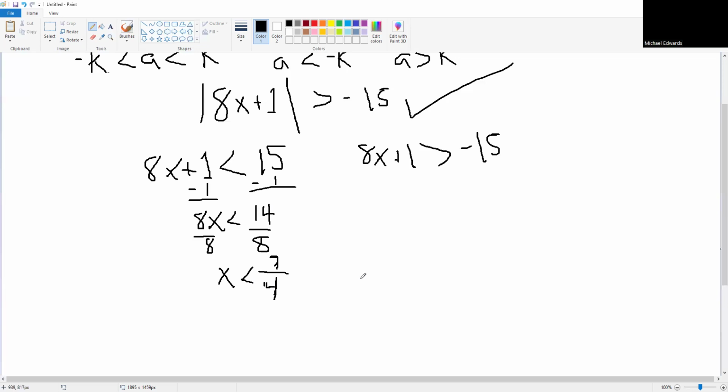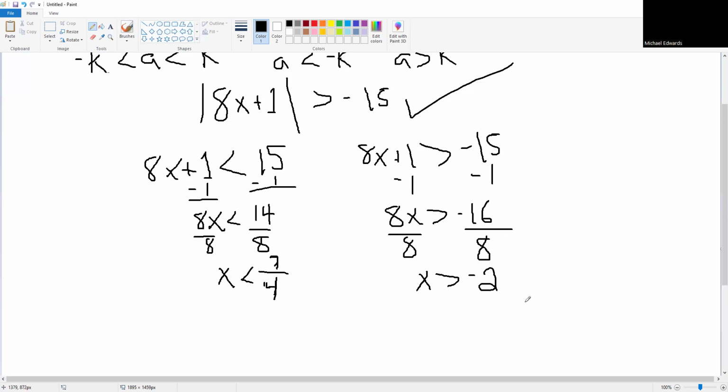We know how to deal with that. And this one is, well, we got a -1, -1. This is 8x greater than -15, -16. We have an 8. That's not a -8, so we're not changing signs. This is x is greater than just negative, old plain -2.